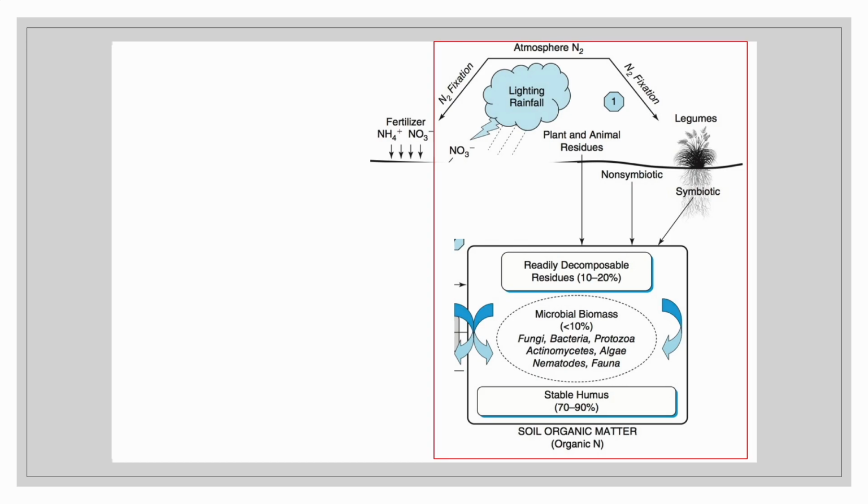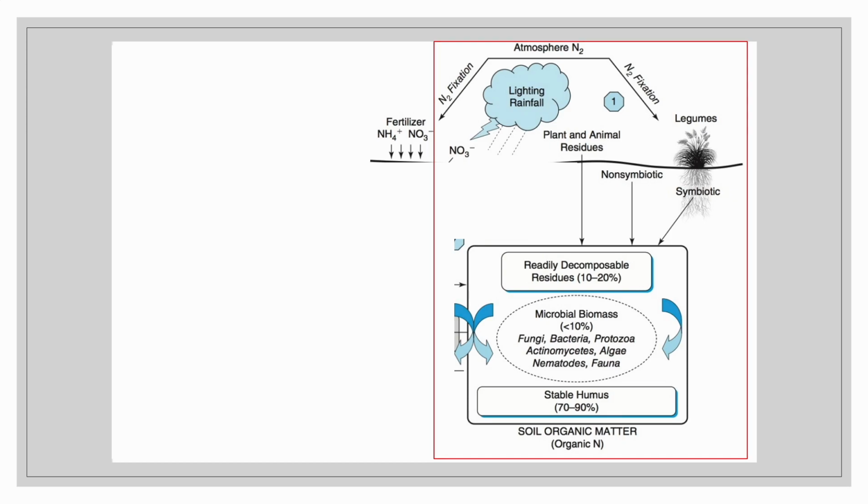So we have N2 fixation, where we have our legumes that have this symbiotic relationship with rhizobium. The nodules that are on the bottom of that soybean plant or that legume can fix atmospheric nitrogen and convert that, at least at first from organic, or at least convert that into ammonium that is then plant available.